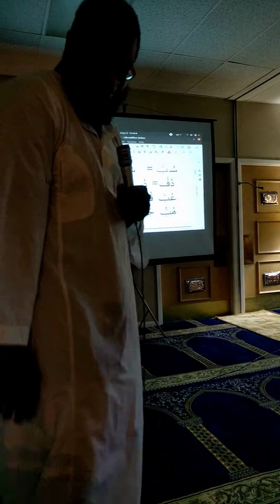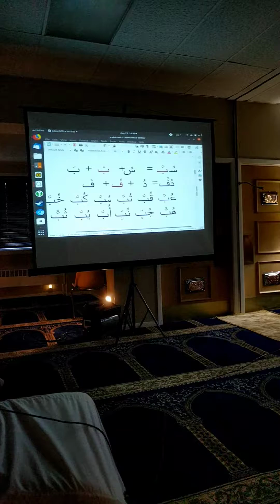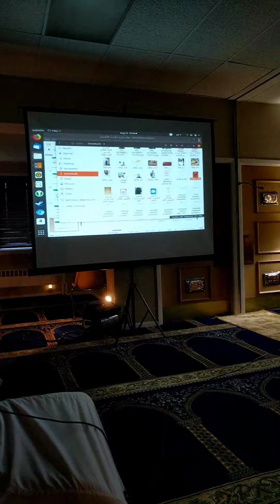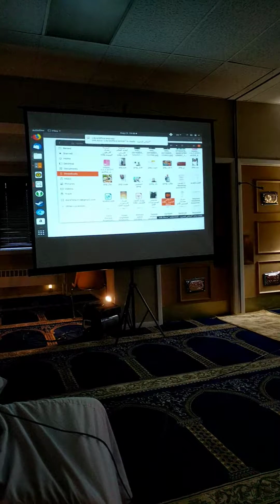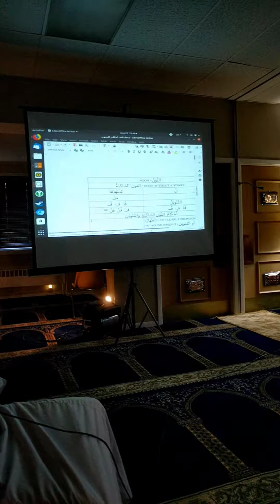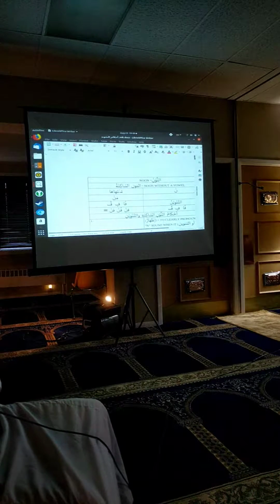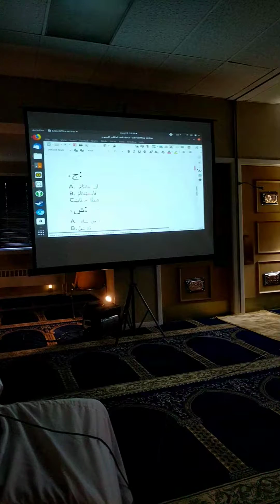All right, so now let's look at tajweed. We're still going over the rule of ikhfa, and we've covered up to example 8, I do believe.